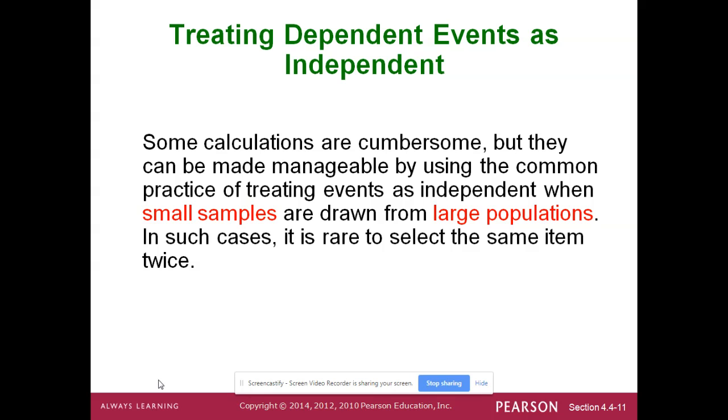We can treat some dependent events as independent based on these criteria. Some of the cumbersome, I like that word, cumbersome calculations can be made more manageable by using the common practice of treating dependent events as independent when there's a really small sample. So if you only had 5 options, and they're drawn from a very large population, but it's a really small sample, then you could treat them as independent instead of dependent.